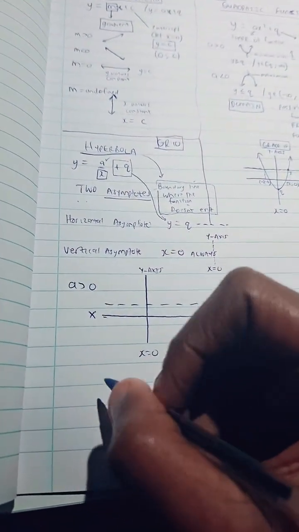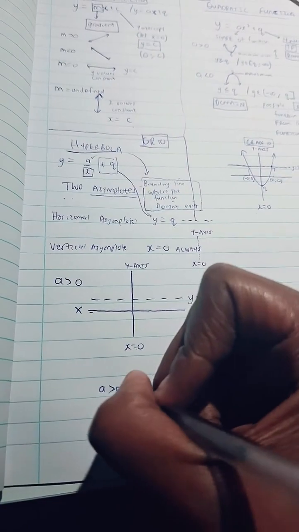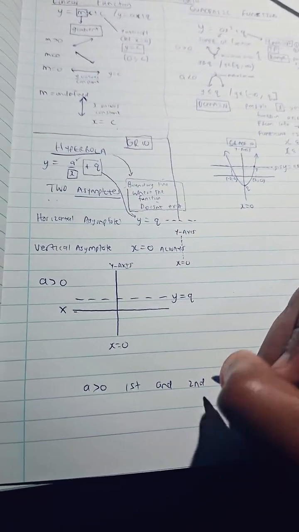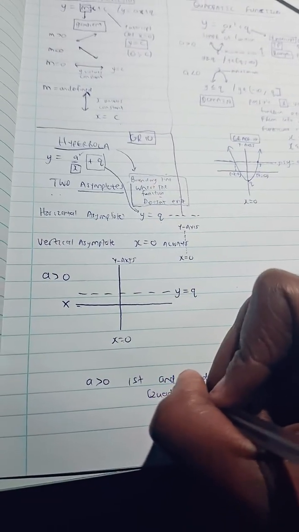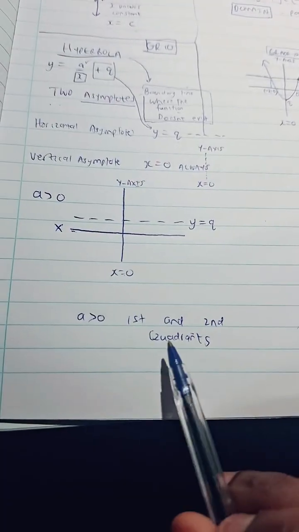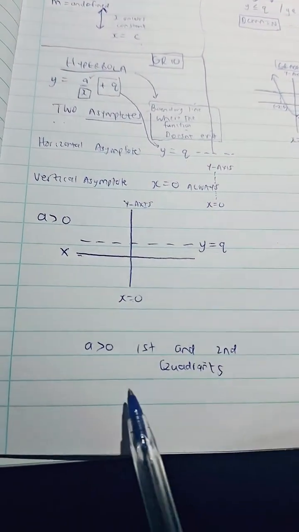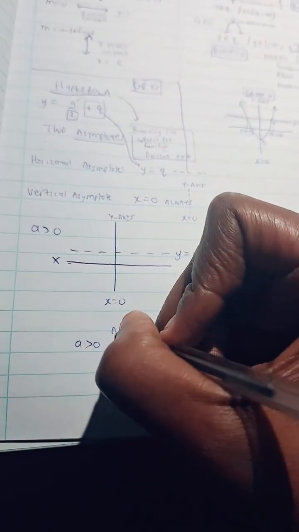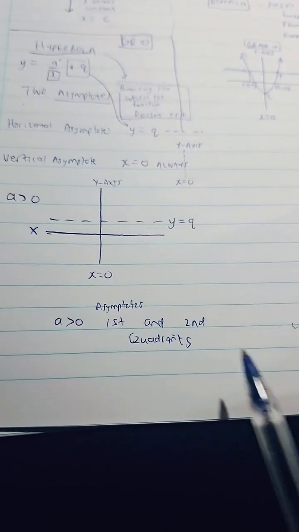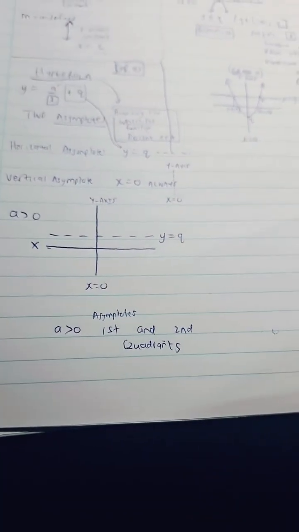Your graph, when a is positive, is found in the first and second quadrant. Our quadrants are defined according to the asymptotes. It's the asymptotes that give us direction as to which are our first and second quadrants, third and fourth quadrant.